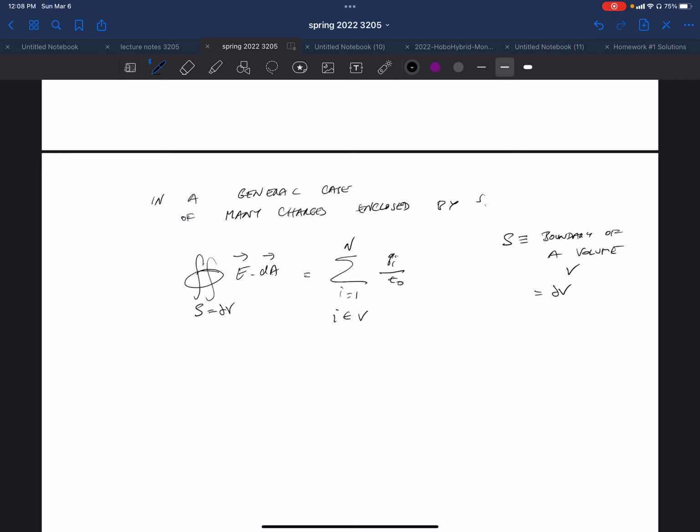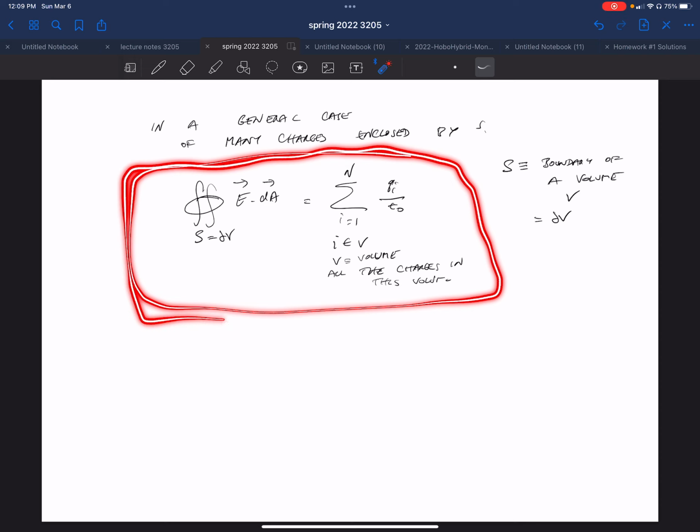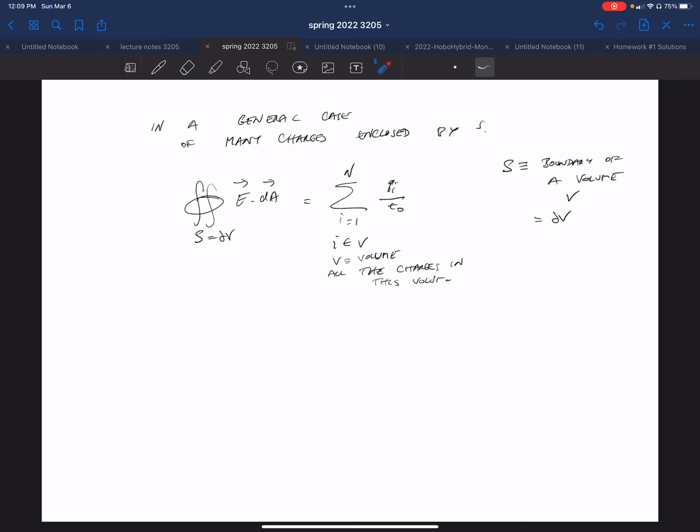So V is the volume, and we're talking about all the charges in this volume. Okay, and this is almost getting to the final stage of Gauss's law.